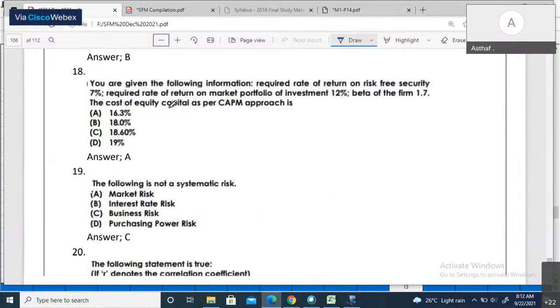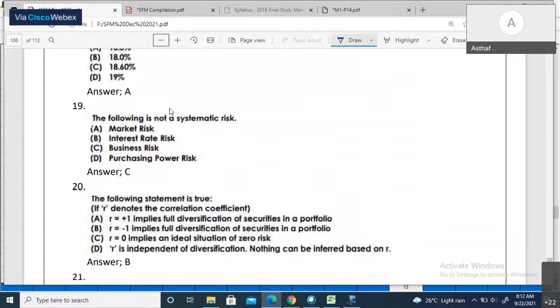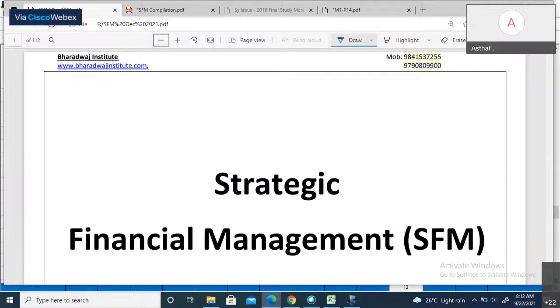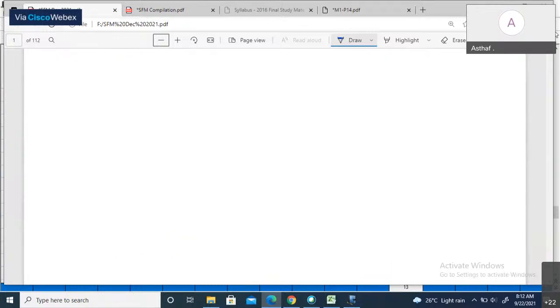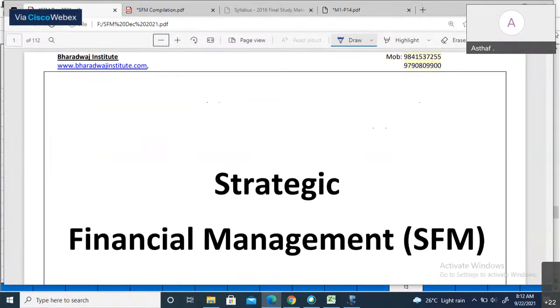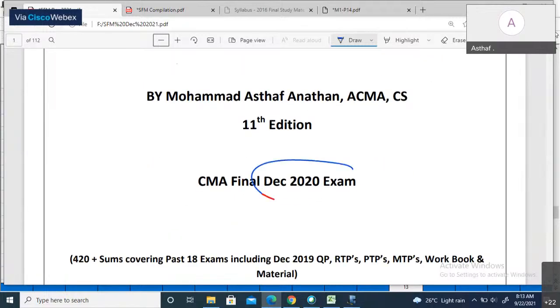Look here. This question only: which is not a systematic risk? All the questions come from this book. I released this book in December 20, when there was no exam, so there is no updation.